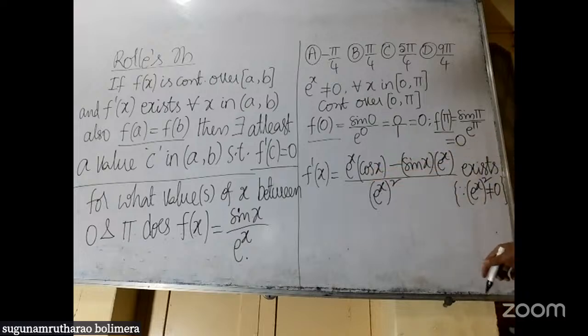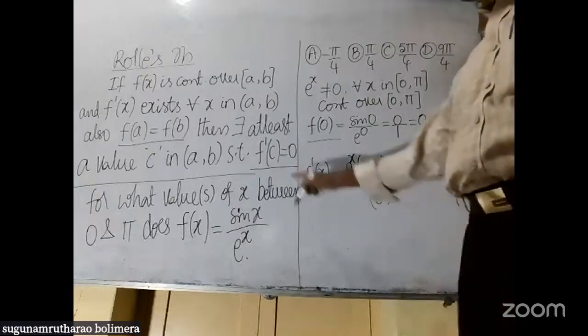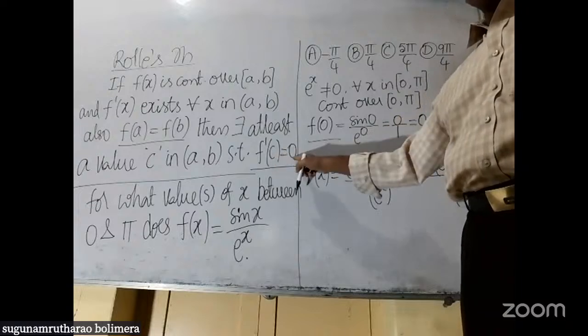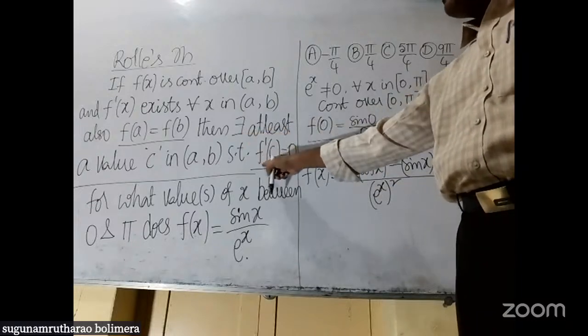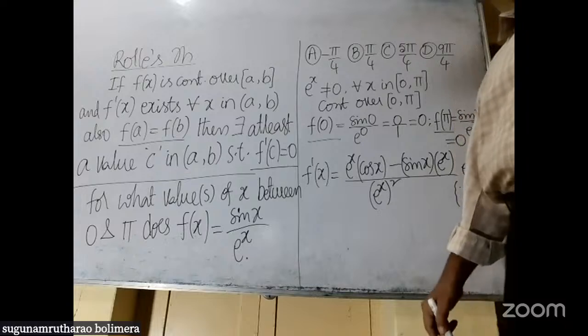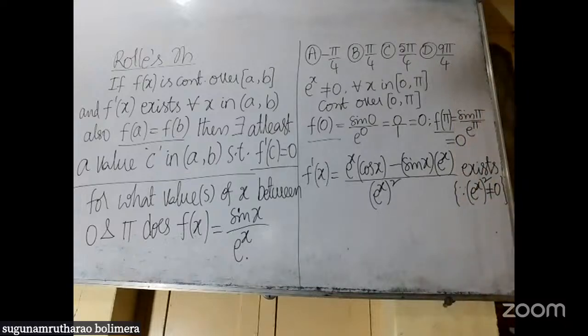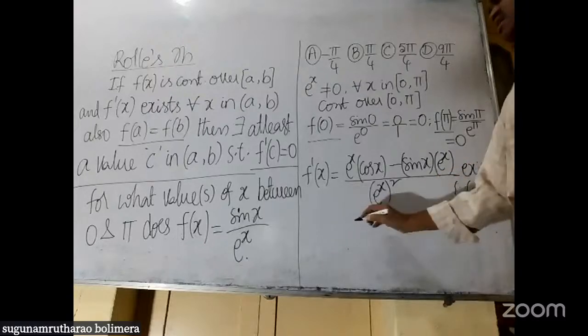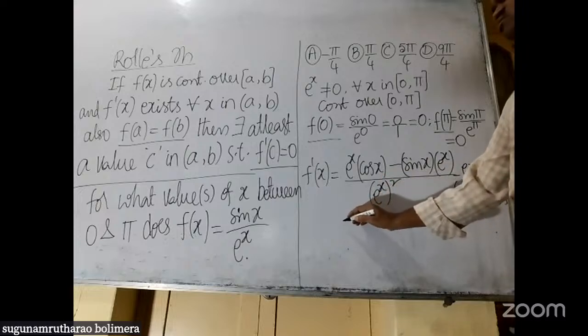So the numerator must be 0. There exists a point c in between a and b satisfying f dash of c equal to 0. So what is f dash of c? f dash of x already exists and you have to equate this to 0.